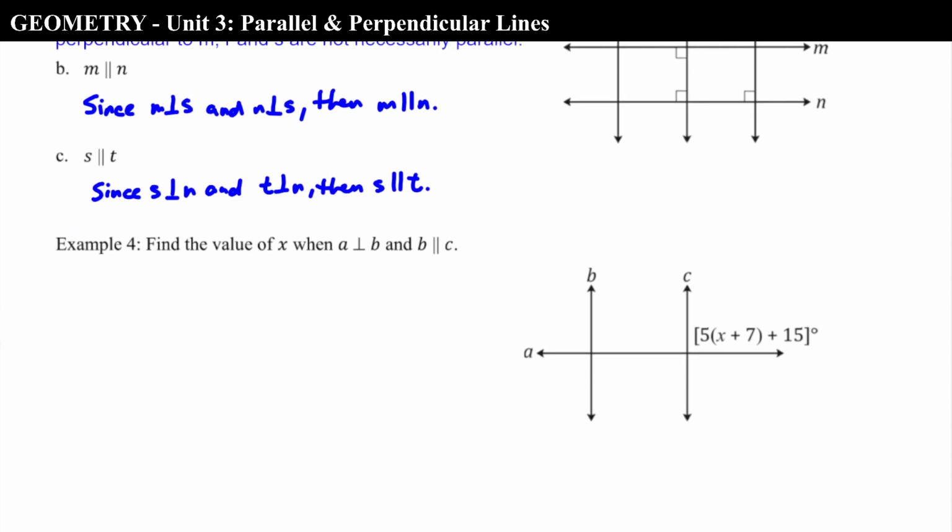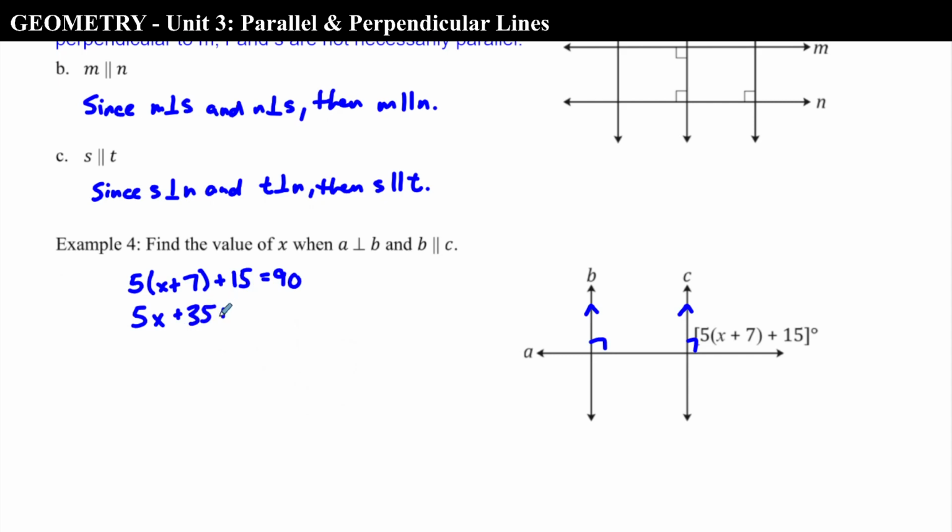All right, example 4. We're going to find the value of x when A is perpendicular to B and B is parallel to C. Well, these two are perpendicular, and we know that these two are parallel, then this also has to be 90 degrees. So if we know that, we can say that 5 times x plus 7 plus 15 equals 90, and we can solve it from there.